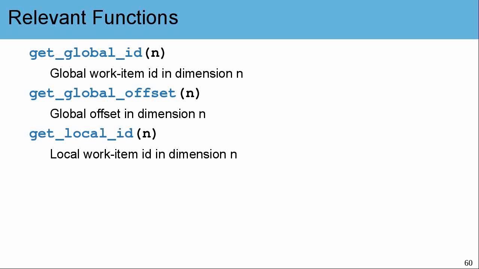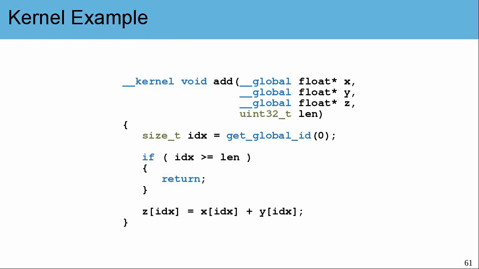Okay, and we have the getLocalID, which is just which work item am I inside of my work group. Now, these are only a handful of the functions. I encourage you to go look at the documentation and see what the rest are, but these are the few you're going to use, and I would say that the one that you're going to use most of all is getGlobalID. You're probably going to use this one more often than not. Now, let's look at another example here.